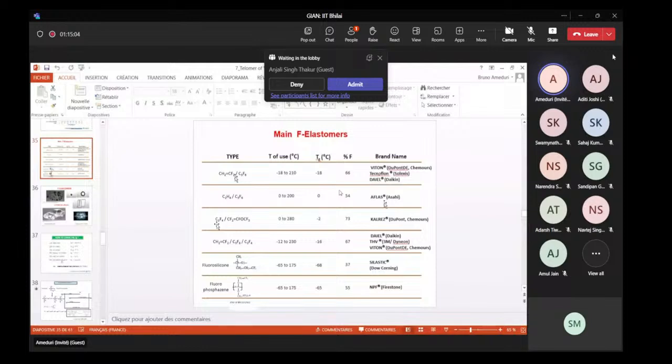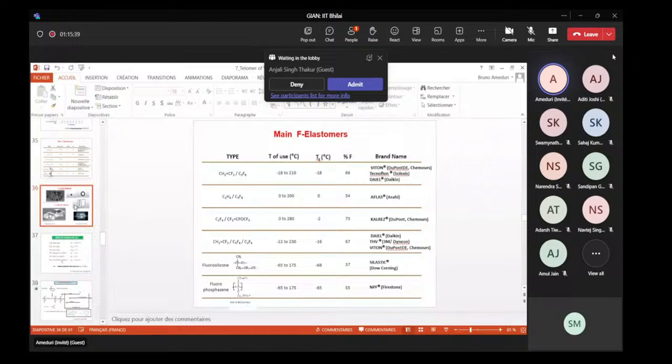The copolymers of TFE and perfluoromethyl vinyl ether do not have a low Tg, while the copolymers of VDF, HFP, TFE, which are called FKM, or THV, show a higher Tg, but fluorosilicones and fluorophosphazenes show very interesting low Tgs. And this was also a challenge: to find alternatives to fluorosilicones and even to make much better fluorosilicones.